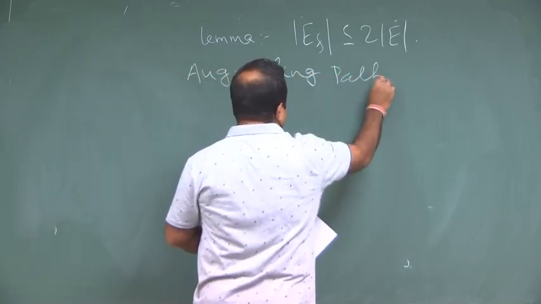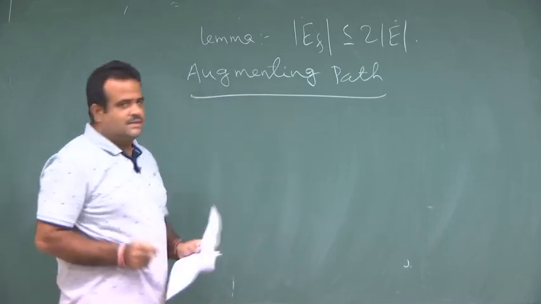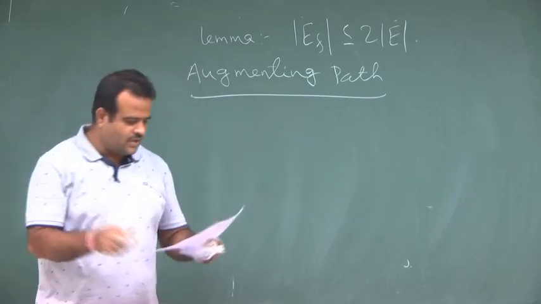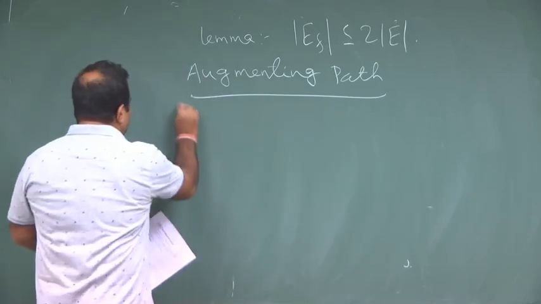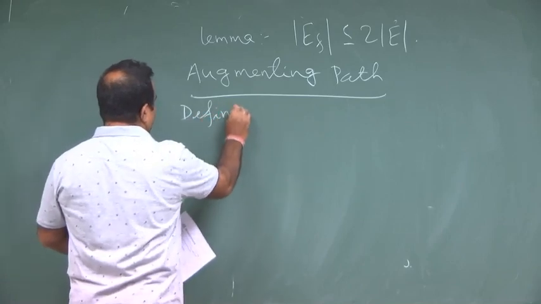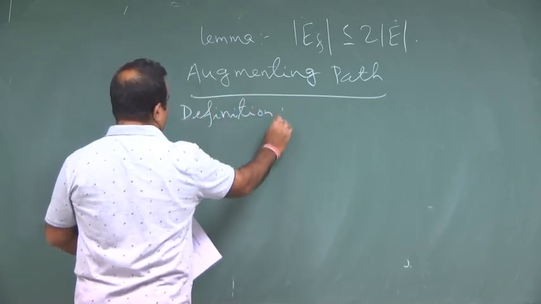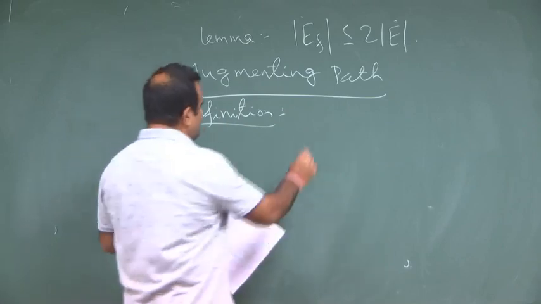This is basically a path in the residual graph. Now, how do we define it?